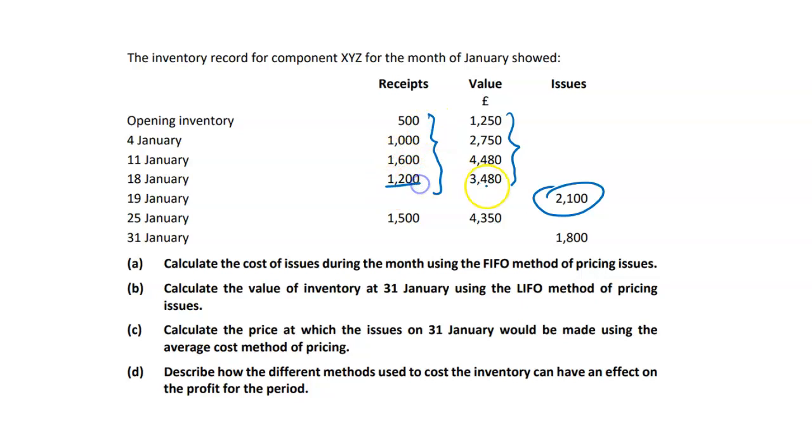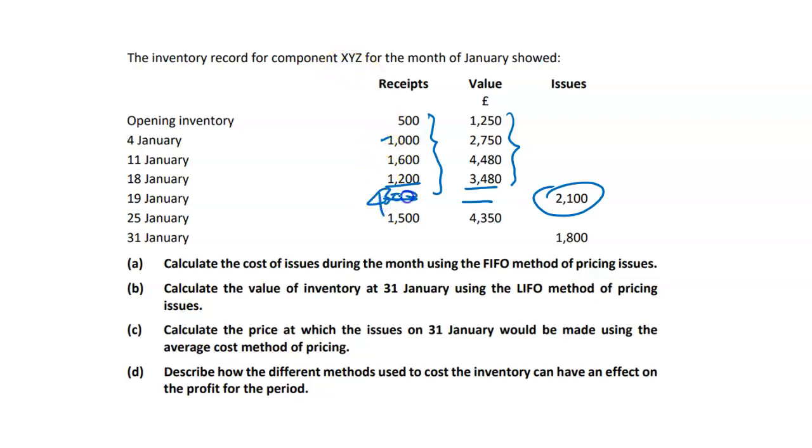Here, when you add all this together, let's do that first. And then we will have here 1,500. Yes, let's do that. 500 plus 1,000 plus 1,600 plus 1,200, and that's 4,300.